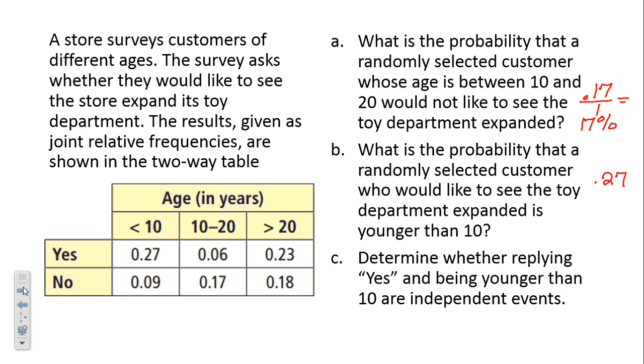And then determine whether replying yes and being younger than 10 are independent events. Okay? Replying yes. What percentage replied yes? Okay? 27% of those younger than 10 said yes, right?